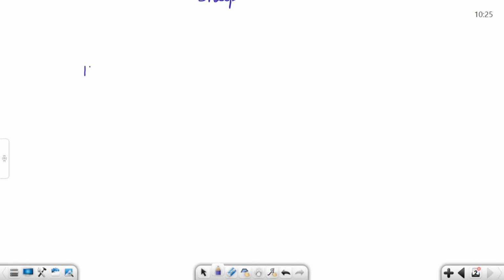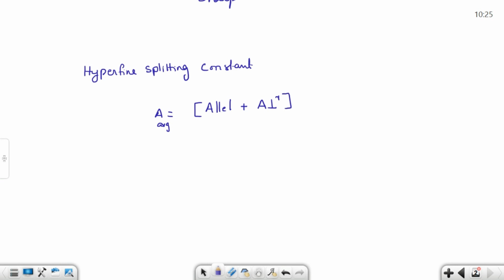One equation is there to calculate the hyperfine splitting constant, which can be denoted by A. A average is equal to A parallel plus 2A perpendicular into 1 by 3.